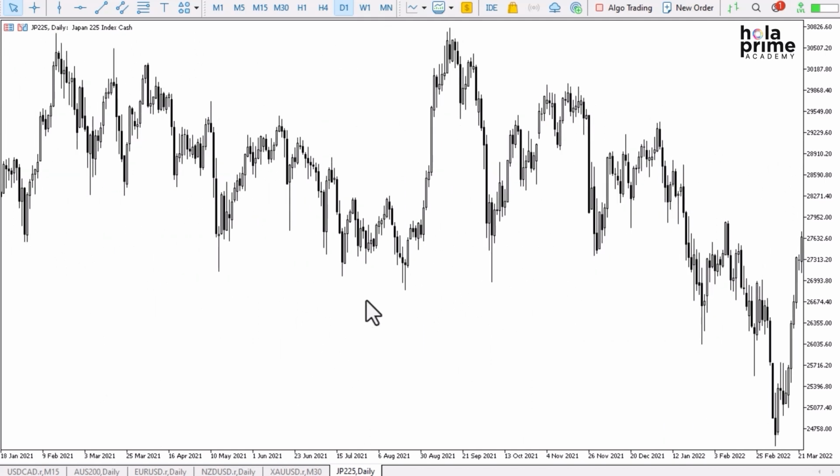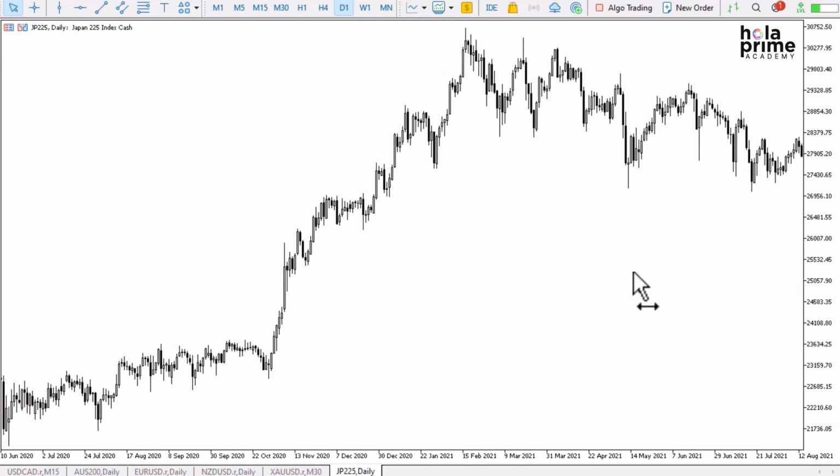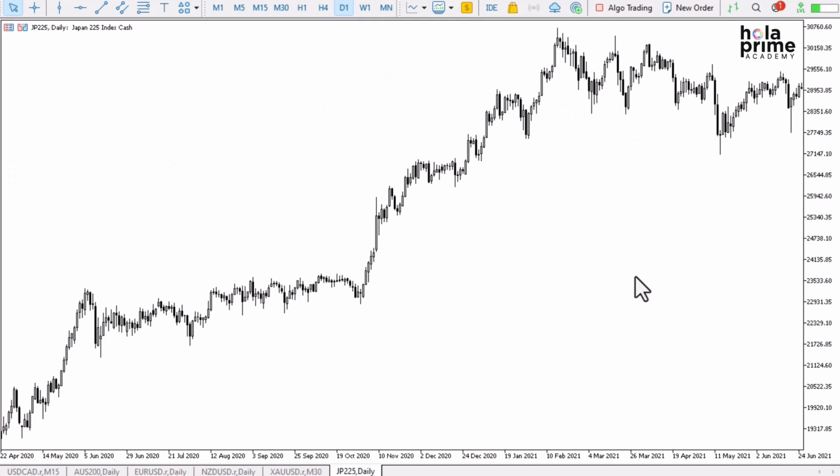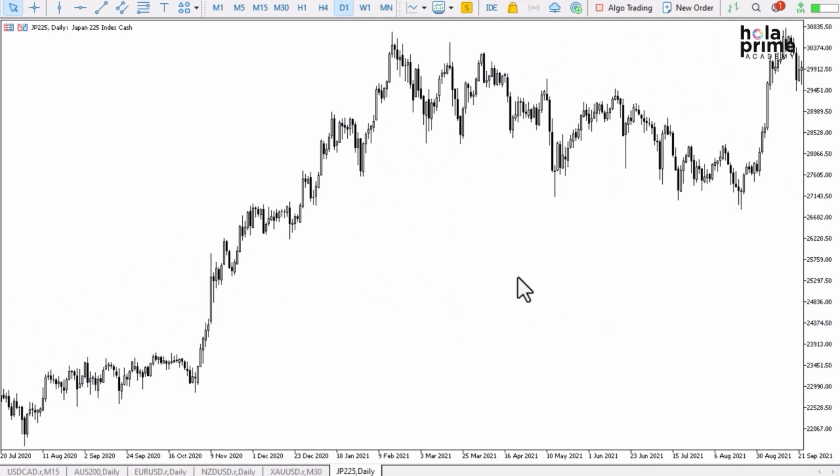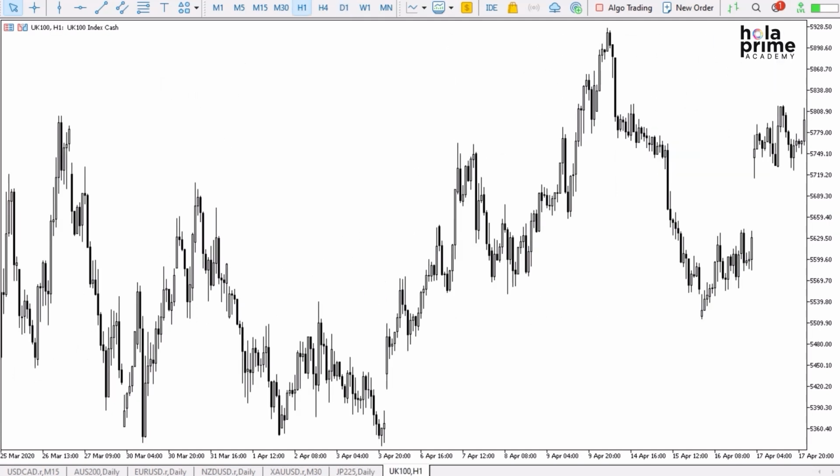In fact, I would be hard pressed to think of a pattern that didn't have something to do with some form of consolidation. Perhaps the cup with handle, maybe not consolidation, but more or less hesitation. In this final example, I have a head and shoulders pattern on the hourly chart of the UK 100 or the FTSE 100.